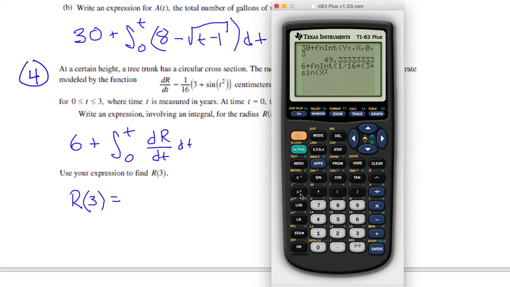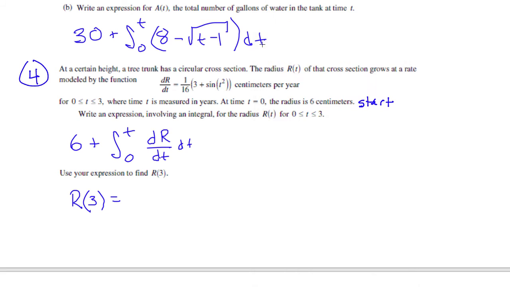That squared is on the inside applying to the t. And this is closing the parentheses for the beginning of the 3 here. That is our entire function. Comma with respect to x, comma from 0, comma to 3. And if I did that all correctly, I should get 6.611. 6.611. Our units are in centimeters, so cm.